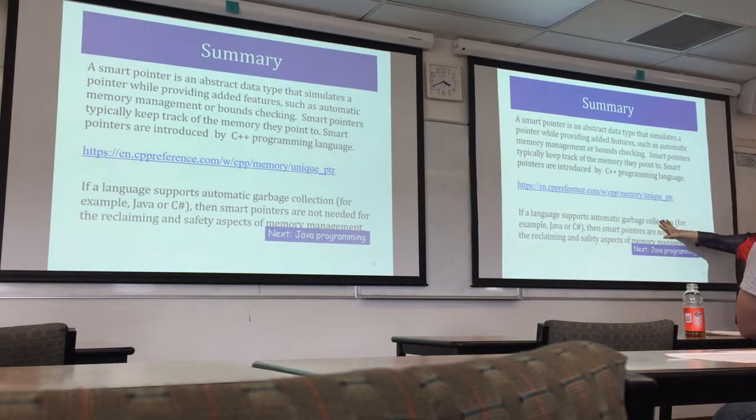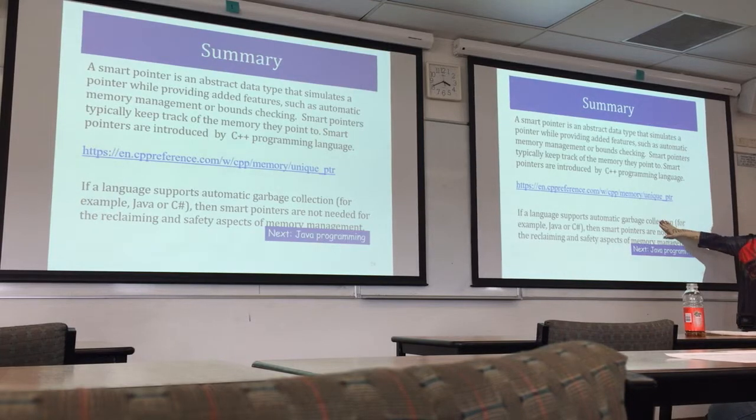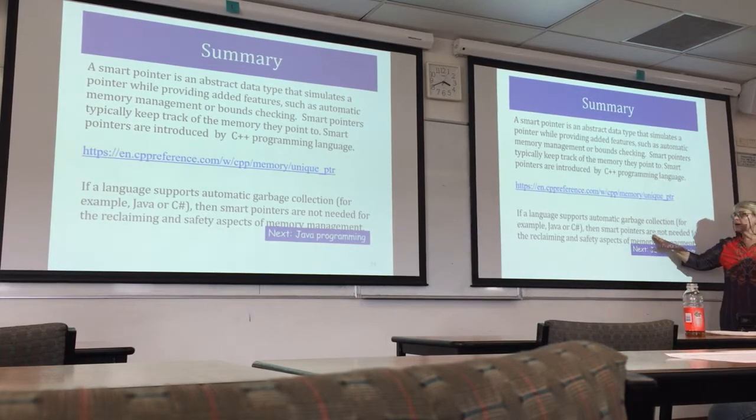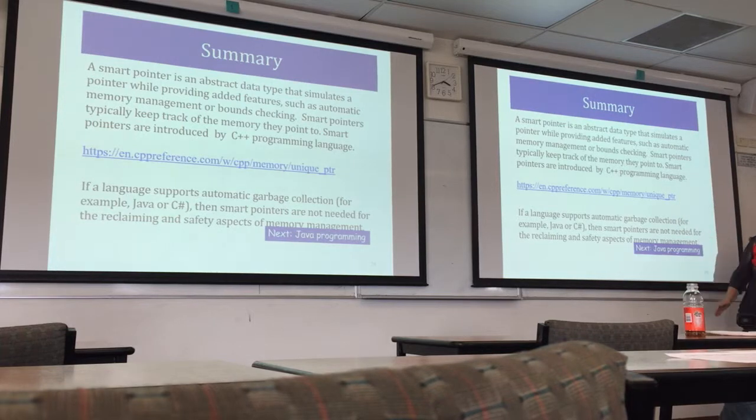I mentioned briefly that languages supporting automatic garbage collection, C# and Java, do not need smart pointers because this ownership is handled by the language. We will look briefly at this cppreference and see what a unique pointer is.